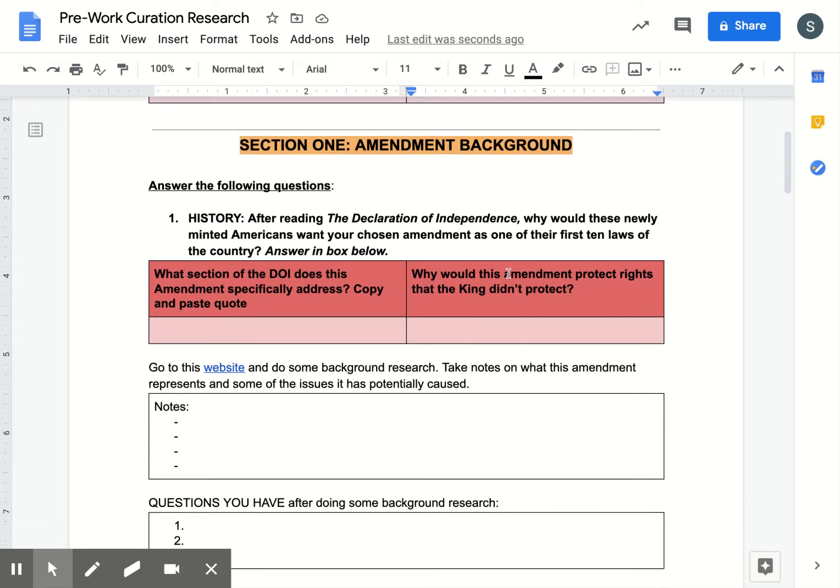So I want you to take time to think, what section of the Declaration of Independence does the amendment specifically address? Copy and paste the quotes from the Declaration that you believe helped cause or spurred them on to create this amendment. And then you would put, why would this amendment protect rights that the king didn't protect? This is all part of historical background information.